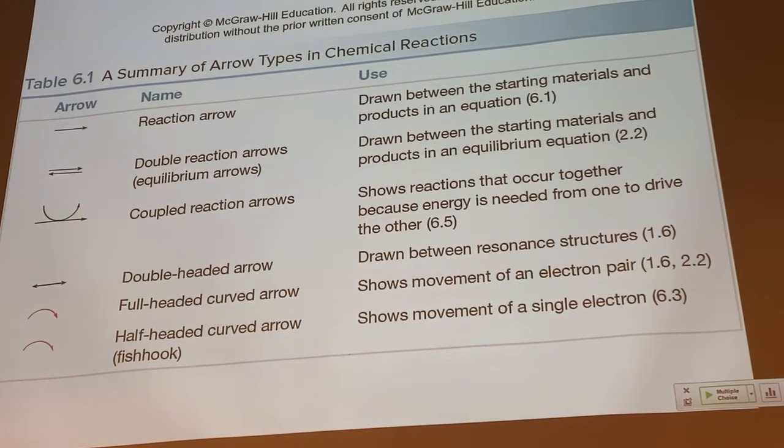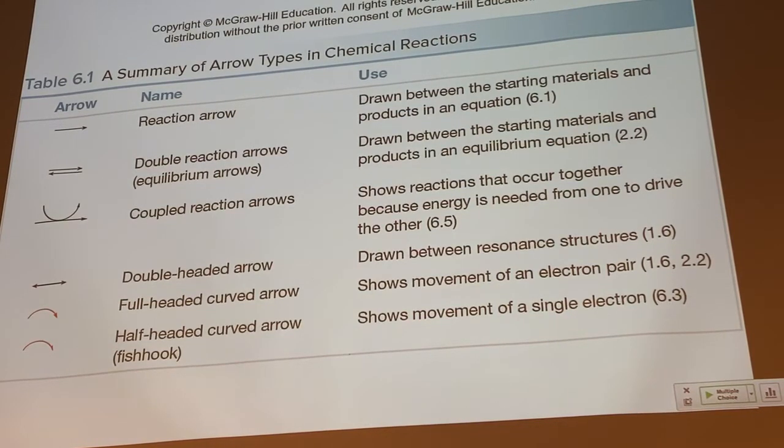We encountered the double-headed arrow with resonance structures, and it's important to recognize the double-headed arrow is not the same as the equilibrium arrow. They're different. This is used for an equilibrium reaction. This is used when you're drawing resonance structures. Then we have our full-headed curved arrow showing the movement of a pair of electrons. We've used those curved arrows with resonance structures.